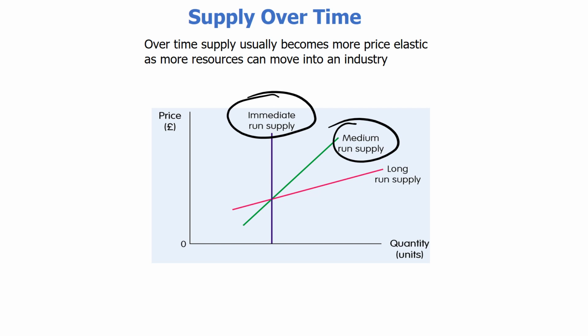If prices become too high for us, we might want to leave the market altogether, or at least reduce how much we produce of the commodity. So over time, supply usually becomes more price elastic as more resources can move into an industry.